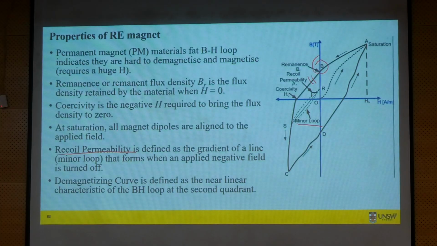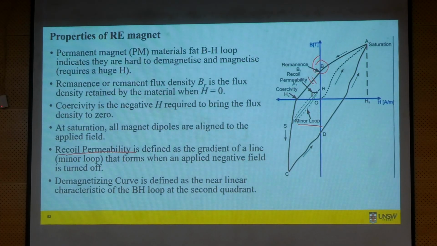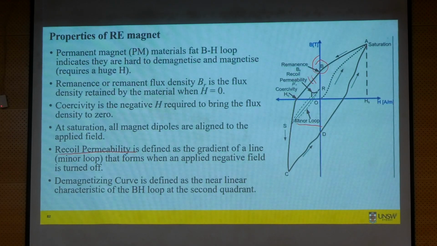And this recoil permeability, when you turn off the negative ID current, this point can move, okay, and ultimately can affect the overall magnet property.